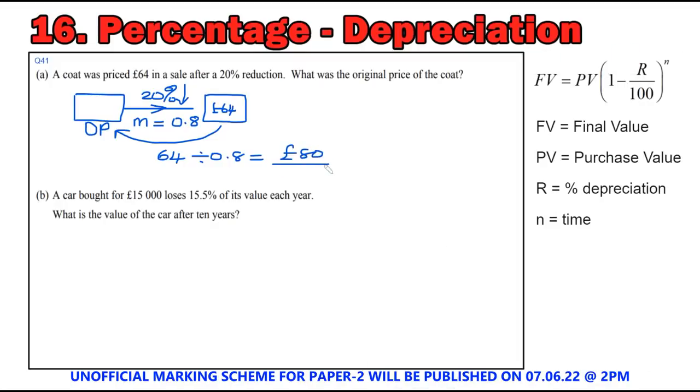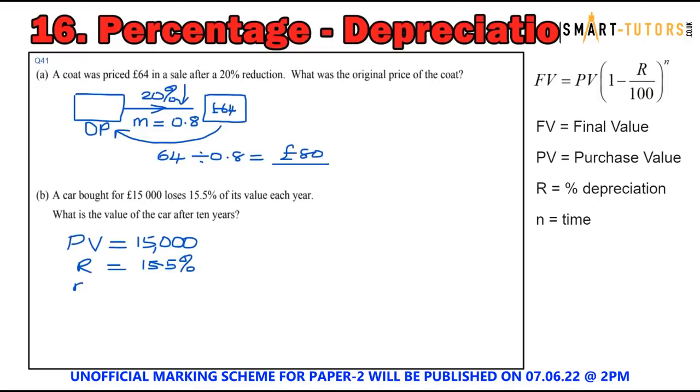Second part, a car bought for 15,000 loses 15.5% of its value each year. What is the value of the car after 10 years? So purchase value is given, PV is 15,000, and the rate also given 15.5%, and the time is given, N equal is 10.